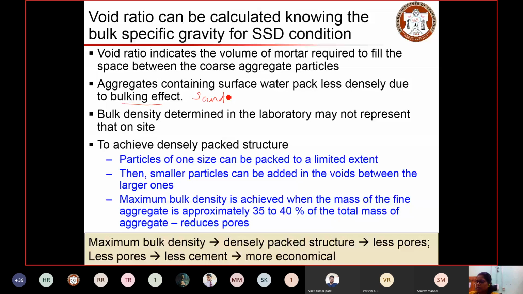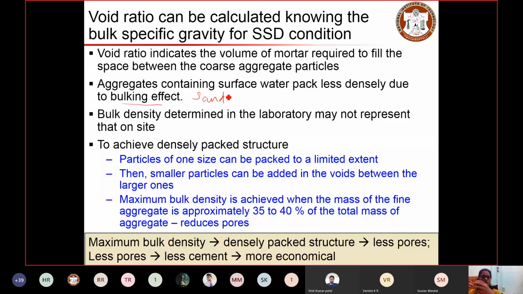So there are certain parameters to be considered. Particles of one size can be packed only to a limited extent. For example, the coarse aggregates could range from 10 to 20 mm. When we have one size, there will be some voids between the aggregates. To reduce those voids, what can we do?